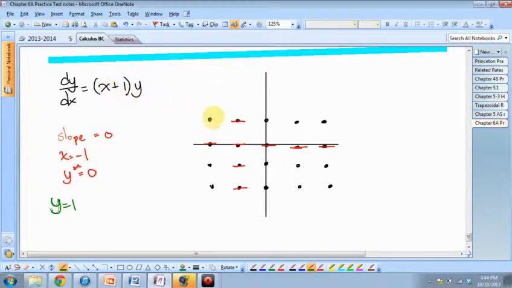So what is -1 plus 1? Oh, -2 plus 1. It's -1, right? Here's 0 plus 1. Here's 1 plus 1, which is 2. Here's 2 plus 1, which is the slope of 3.